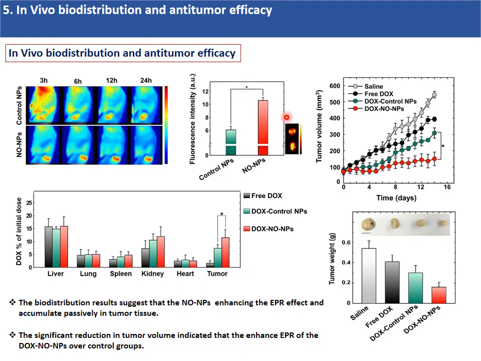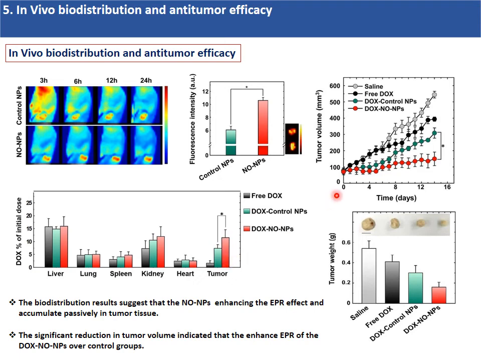In the in vivo biodistribution, when the DOX percentage was measured in the tumor for free DOX, DOX control nanoparticle and DOX nanoparticle, the DOX nanoparticle showed higher accumulation compared to the DOX control and free DOX, due to the generation of NO and the dilated blood vessels. Due to the vasodilation effect, more DOX concentrates in the tumor cell compared to free DOX and DOX control nanoparticle.